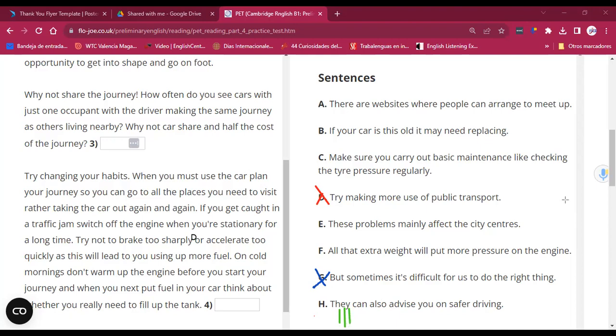Domenica, Dayanis? Letter A. A or H? A. Okay, Domenica, which one do you think it is? A or H?